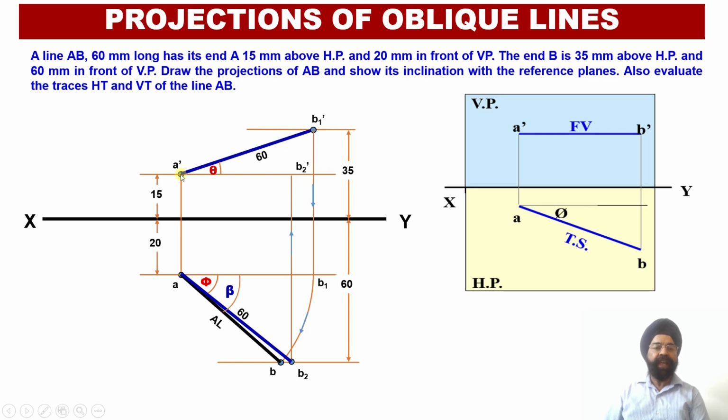Now having obtained the apparent length of the line over here in the front view, I'll keep this as my needle point. This will be my pencil point. Open the compass equal to this much and draw an arc so that you can reach the locus line corresponding to the point B1 dash over here.